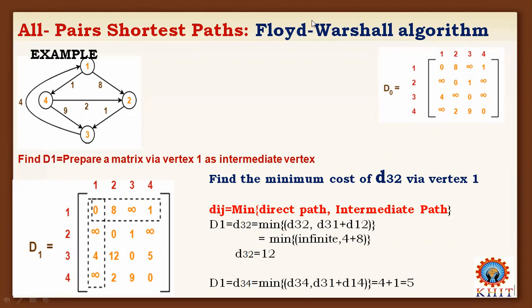So how do we find the distance from one vertex to another vertex through an intermediate vertex 1? Here 1 is to be considered as the intermediate vertex. It is called an intermediate vertex.